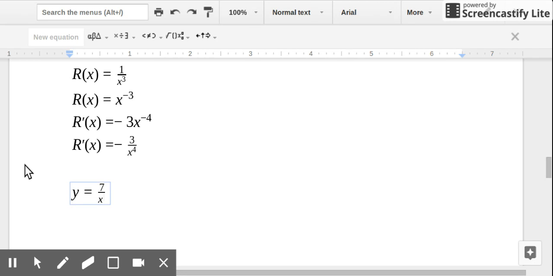We'll say this one is 7 over x, or did I already use 3? I already used 3. Let's use 10. Okay, 7 over x to the 10th, and we're asked to find y prime. But the first thing we need to do is get this into a form so we can use the power rule.